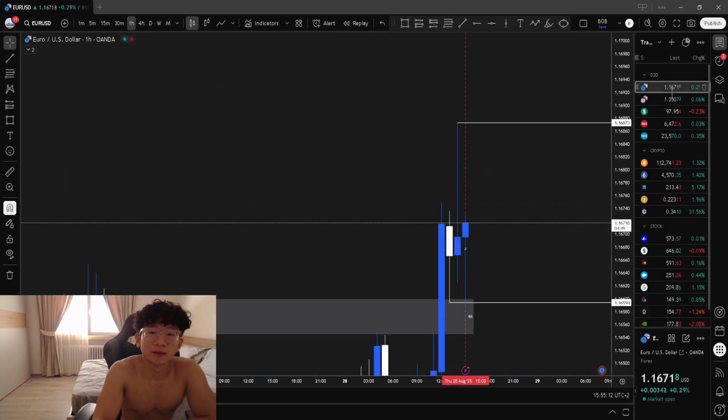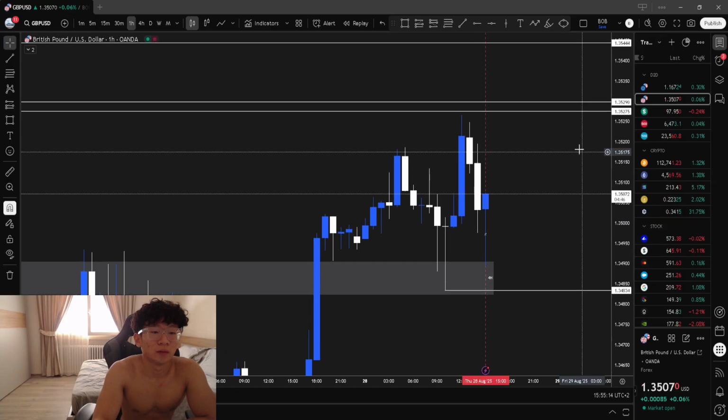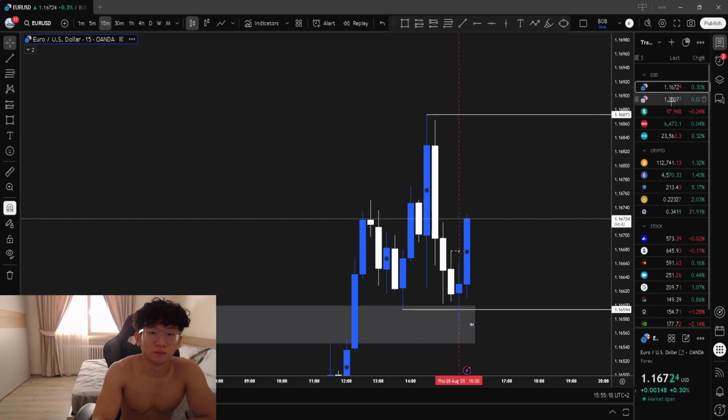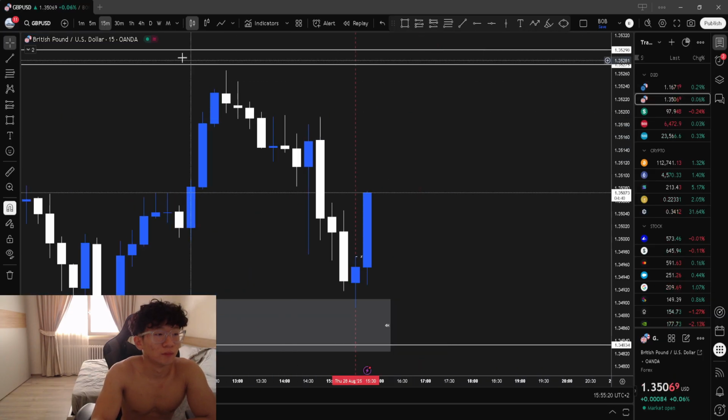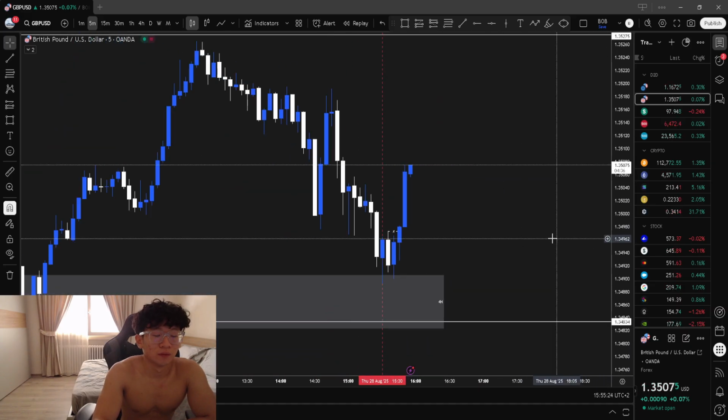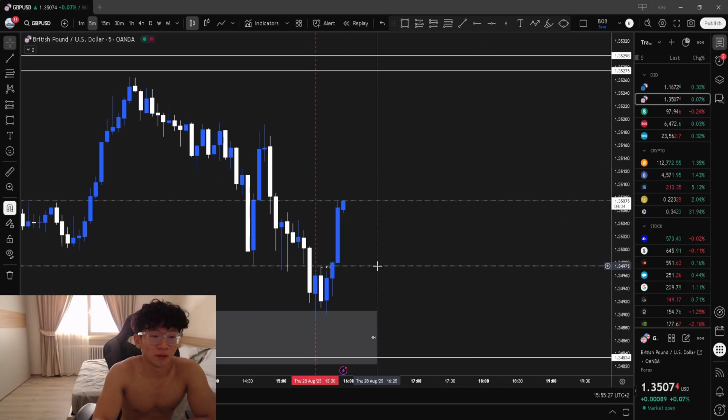This is the last 5-minute candle of the hour. I just want to see a retracement here.